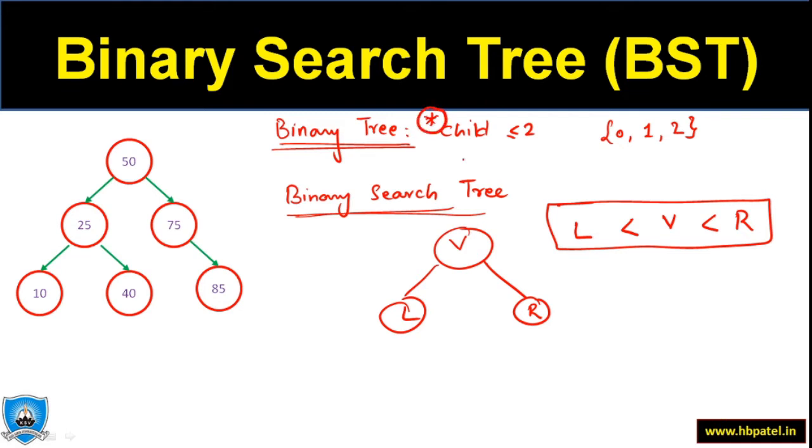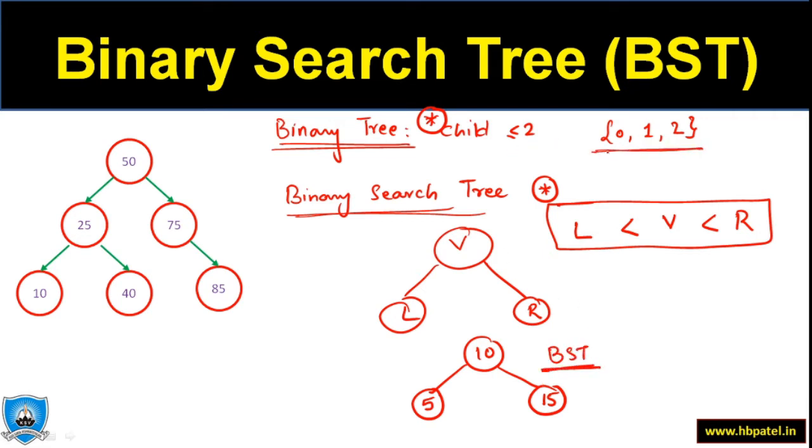One is the number of children should be maximum 2, either 0, 1, or 2, and the second is the left should always be less than the vertex. For example, if I am having 10 over here, then the left should be less than 10, means it can be 5, and the right can be more than 10, means it can be 15. So yes, this is a binary search tree. It is satisfying both the conditions.